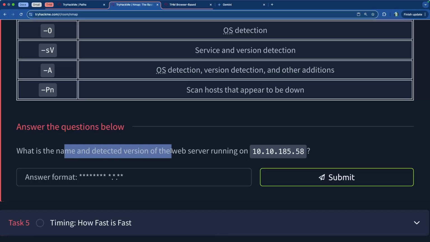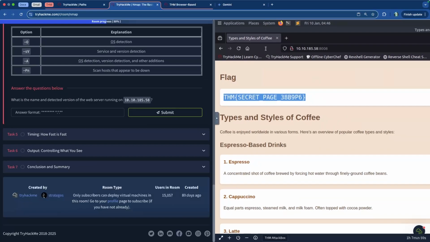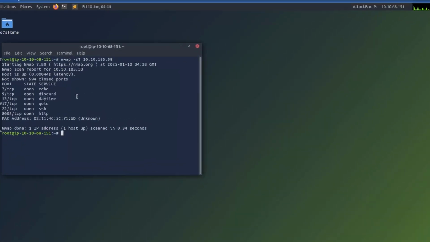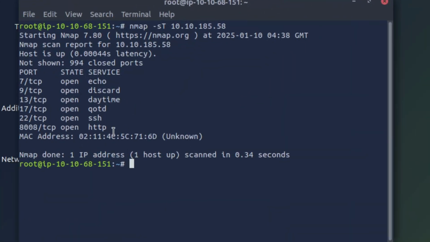So what is the name and detected version of the web server that's running on our IP address over here? So I'm just going to go back to my full screen browser here. And so now we know that the IP address is on port 8008.